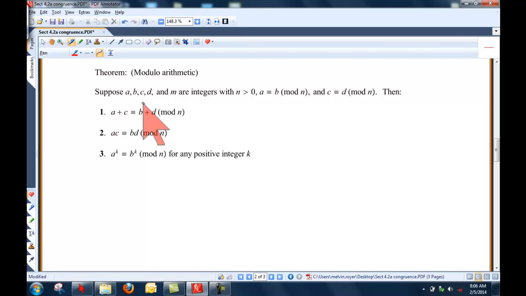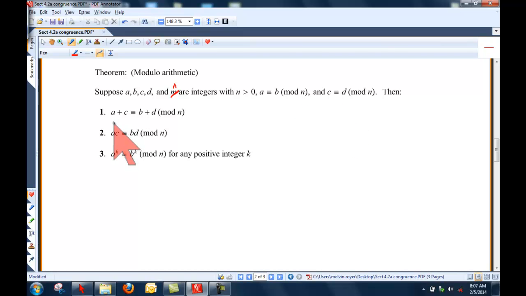So suppose I have A, B, C, D, and this should be an n actually, and n are integers, where n is a positive integer. By the way, we always talk about a positive modulus. And so A and B are congruent mod n, and C and D are congruent mod n.